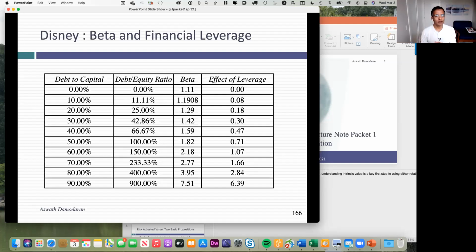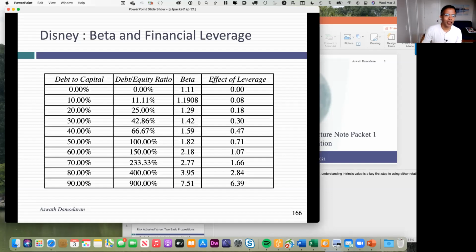So let's take the 40% debt ratio, right? If debt to capital is 40%, how much is equity as a percent of capital? Let's stick with the pure math. Debt to capital is 40, equity is 60, right? You know what, 40 divided by 60 will give you the 66.67%. If you know the debt to capital ratio of a company, getting to debt to equity is just: act like your capital is 100.